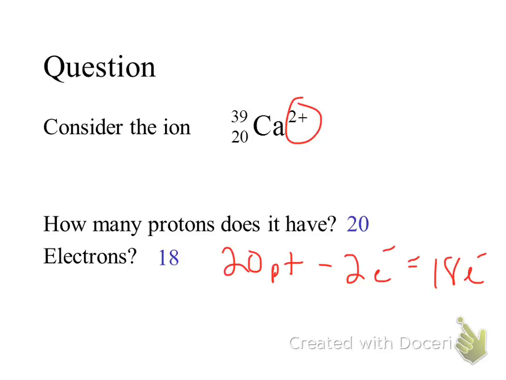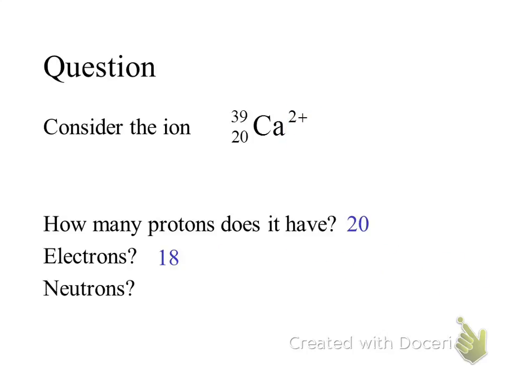All right, how many neutrons? It's always big minus little. 19, yep. Big minus little. The mass number minus the number of protons will give you the number of neutrons. Okay. Cool.